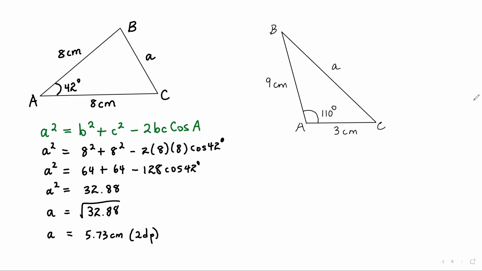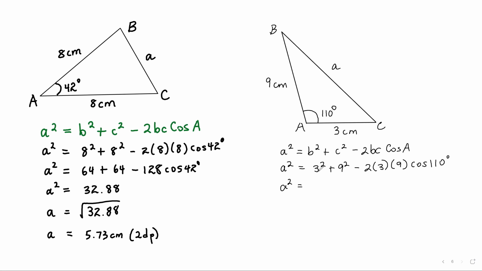So we are finding side A. We're using the cosine rule: A squared is equal to B squared plus C squared minus 2BC cos of A. B is 3 in this case, so that'll be 3 squared plus C squared, which is 9 squared, minus 2 times B times C cos of 110 degrees.